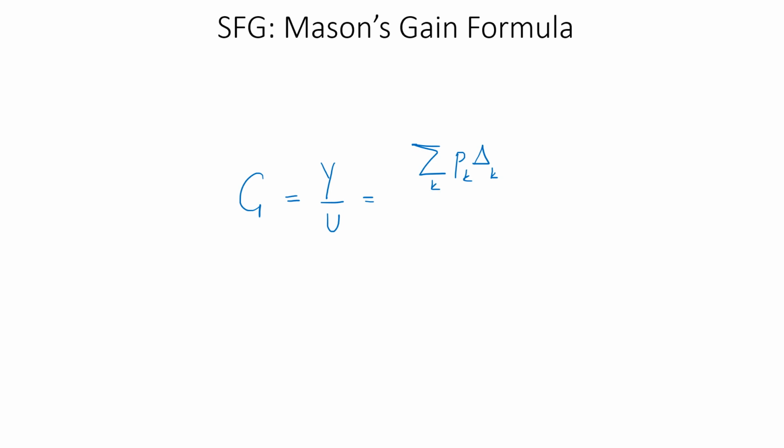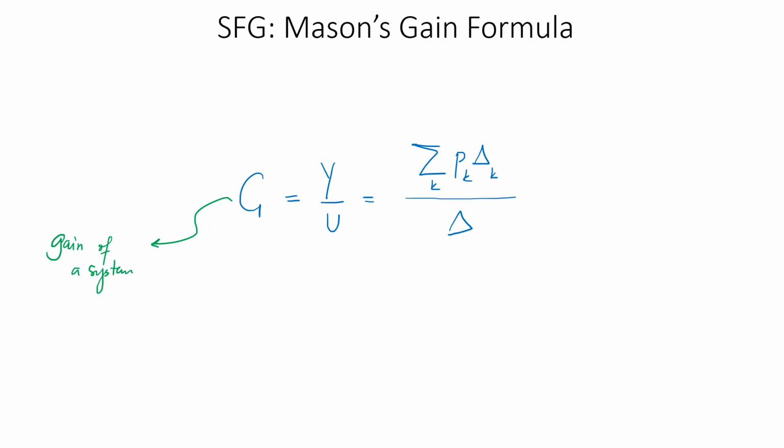So these can be K, P's and deltas divided by a big delta, which is called the determinant of a system. Now let me try to label those terminologies as well. G is the gain of a system.